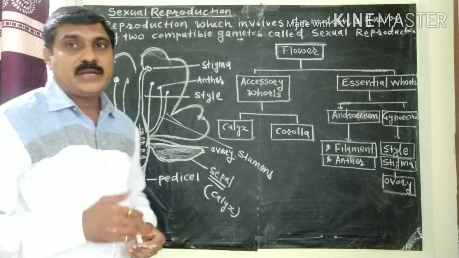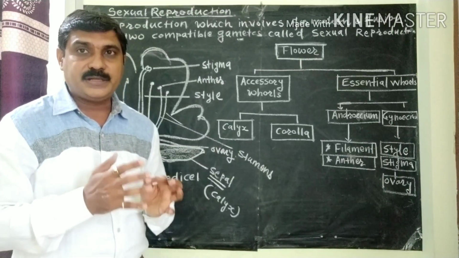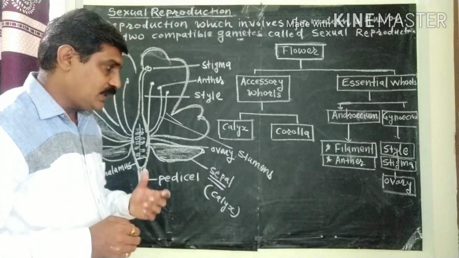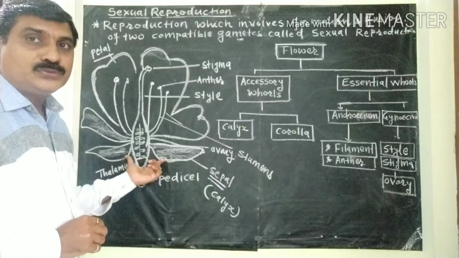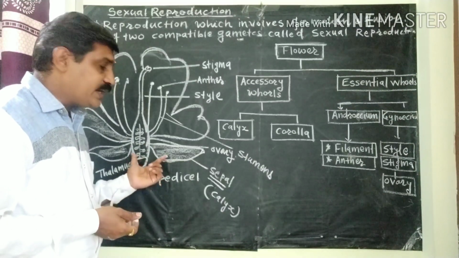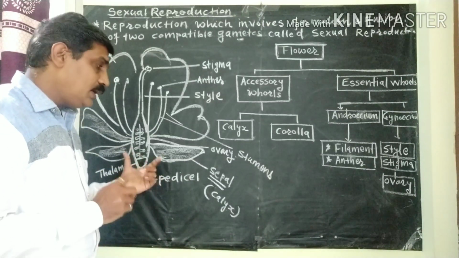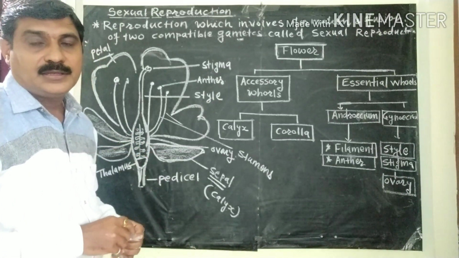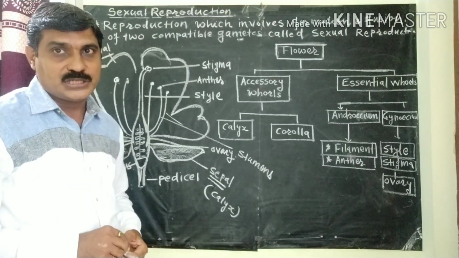Now, in different kinds of flowers, the arrangement and position of the petals and sepals differ. If the sepals are fused to each other in some flower, that condition is known as gamosepalous. If the sepals are free in the flower, that condition is called polysepalous.